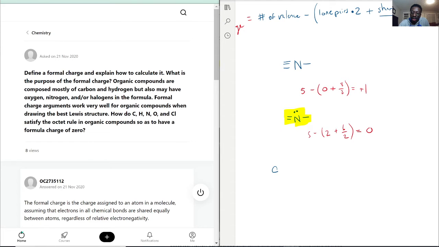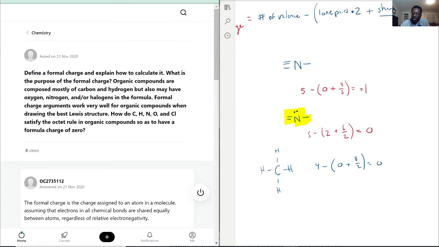you notice that for organic compounds, we typically have CH4. Because if you did the math, we have 4 for carbon's valence electrons, and this doesn't have any lone pairs, but it's sharing 8 electrons in total, so that's 0.